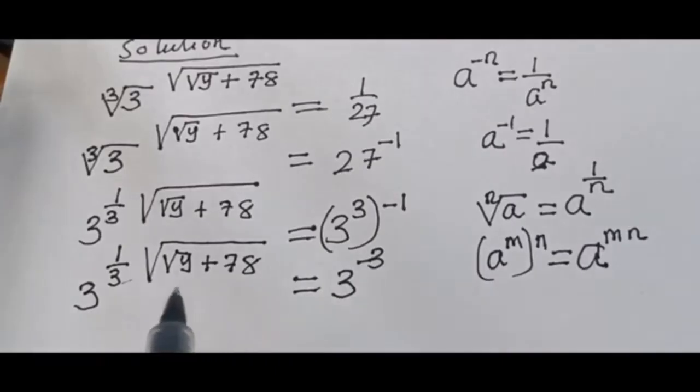Here we can equate the exponents because here we have base 3, here we have base 3. The bases are equal. What you can do is to equate the exponents.